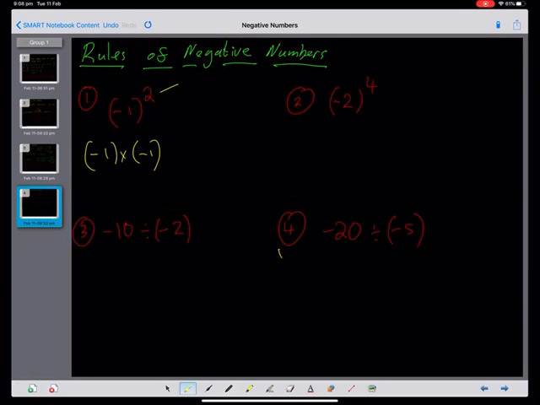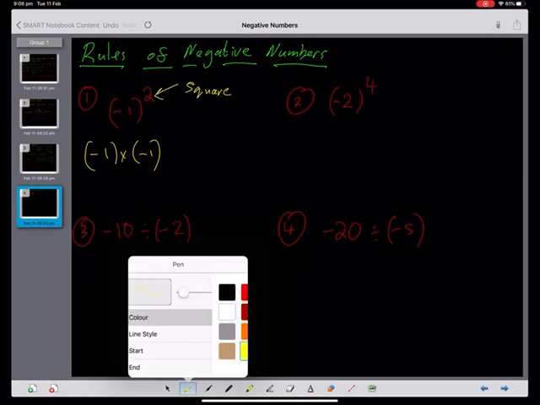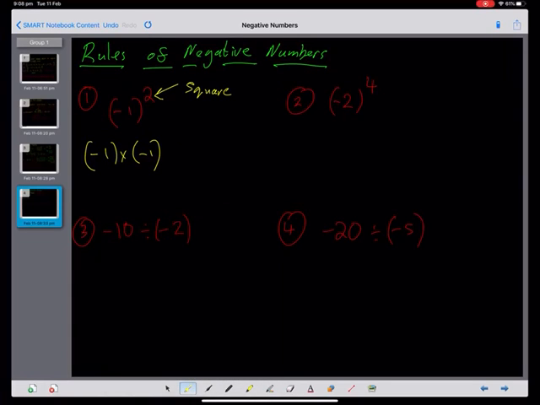This sign here is a square, and it means that we need to multiply the negative 1 in this instance by itself. Okay, so we know a negative multiplied by a negative is a positive, so we got positive 1.